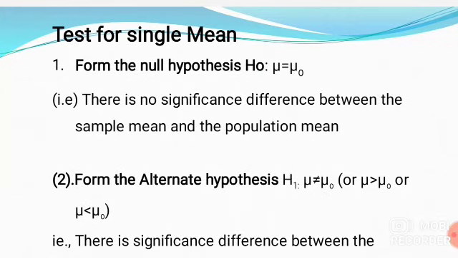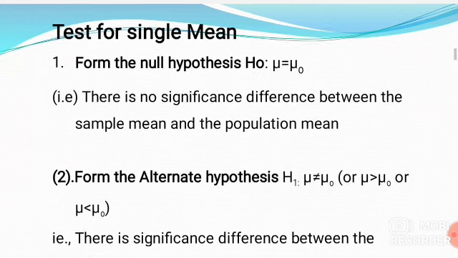Now, first application of the student t-test: test for single mean. First, the null hypothesis H naught: mu equal to mu naught, that is, there is no significant difference between the sample mean and the population mean.